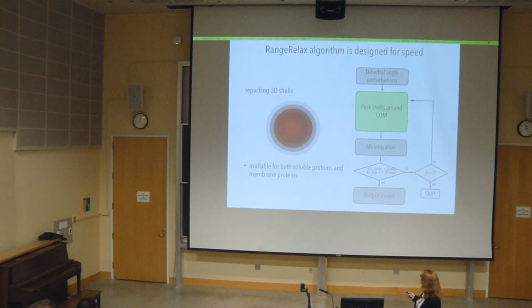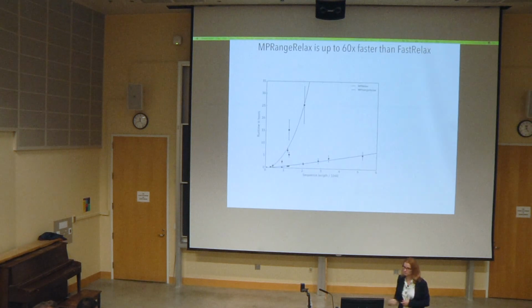I've implemented that protocol and called it the range relax algorithm, which was basically designed for speed, but I'm also going to show you some results. I've implemented this in a way that we can use it for both soluble proteins as well as membrane proteins. This is the very basic protocol of how this might look. I repack shells and do minimization, do this 3 times before I output the model.